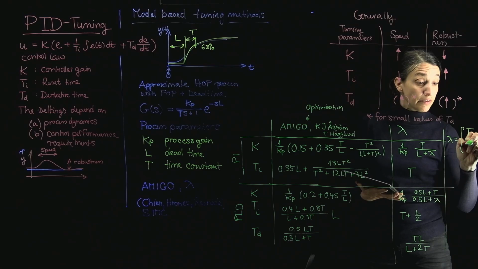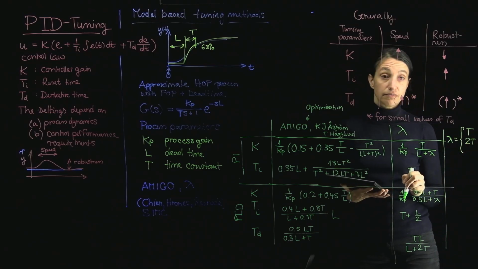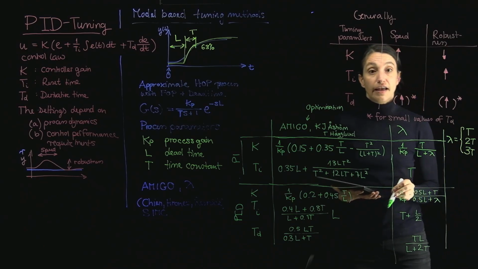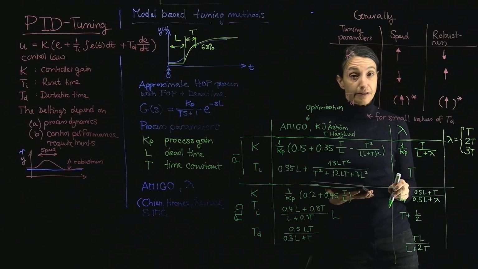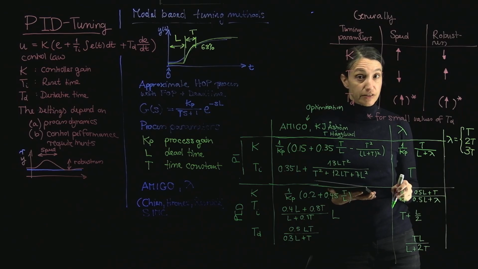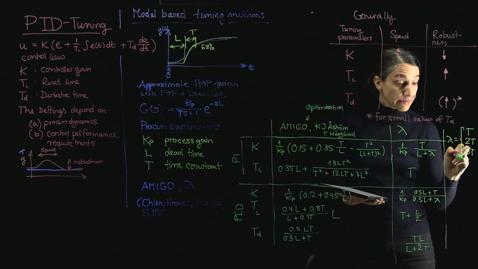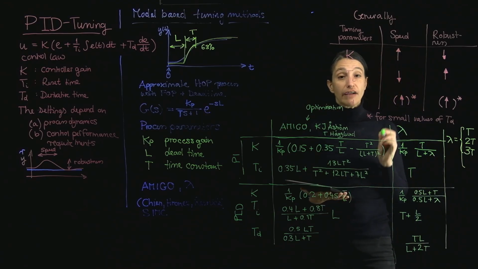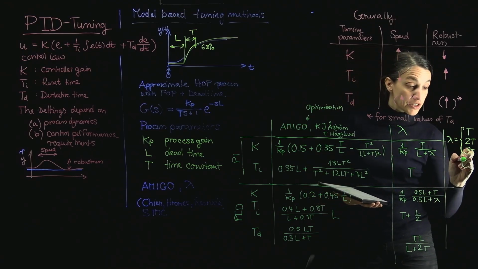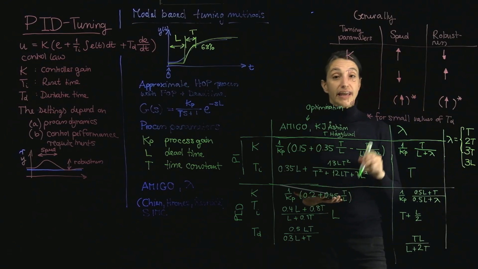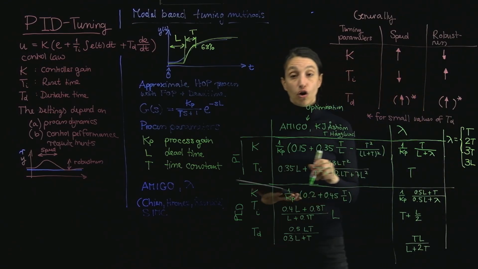It's 2T if you want to have safe tuning, and it's 3 times T if you would like to have very robust tuning. So this is sort of aggressive to robust. And we have a fourth option, which is that lambda equals 3L for the case of long dead times.